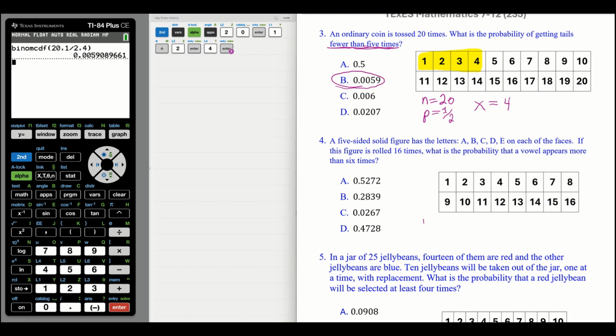So we have n equals 16, and it's five-sided, and we want a vowel. So that's 1, 2. So our probability is 2 out of 5.